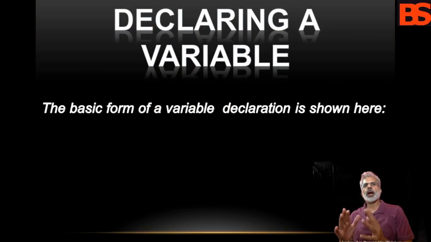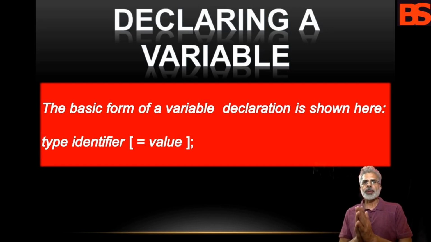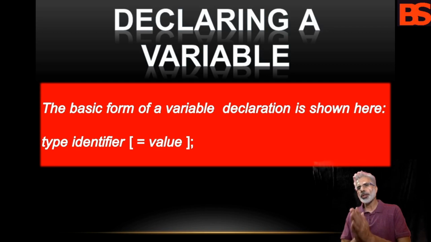Declaring a variable. In Java, all variables must be declared before they can be used. The basic form of variable declaration is shown here. Here type is one of Java's atomic types or the name of a class or interface.